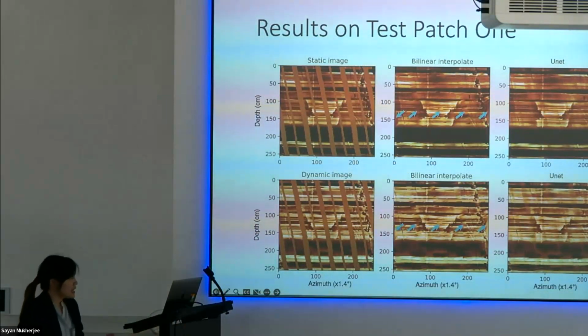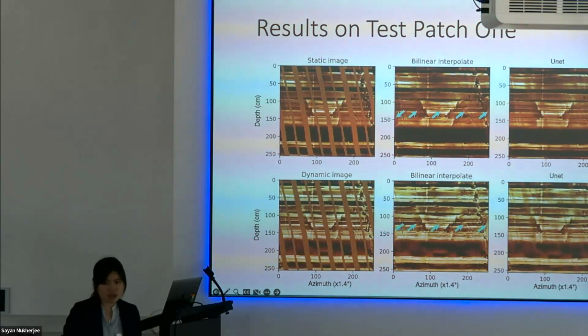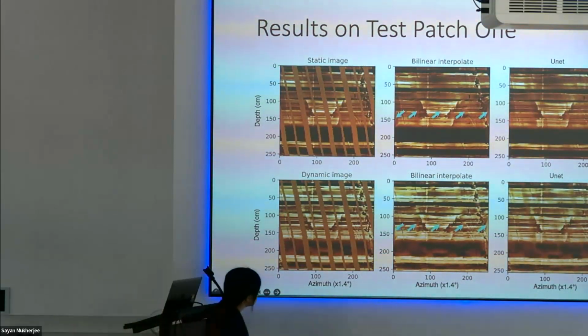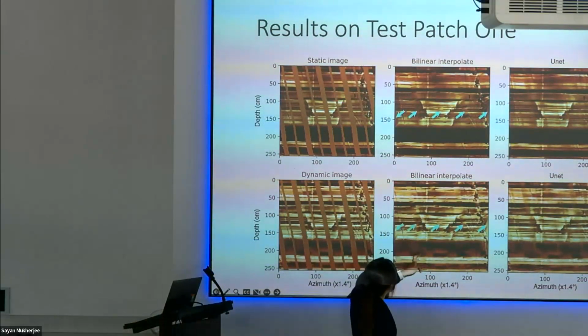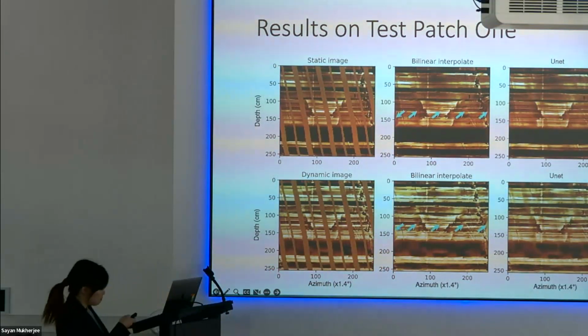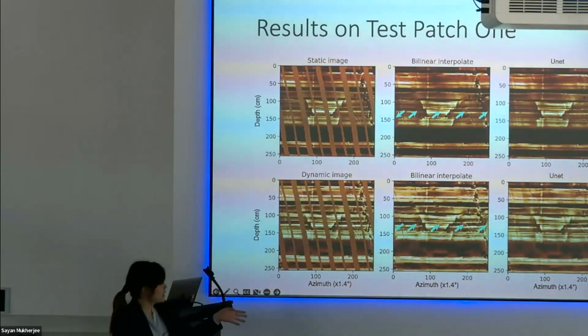So obviously, the predictions given by our model exhibit continuous structures and textures with minimal artifacts. Contrarily, the bilinear interpolation results contain a lot of interpolation artifacts as indicated by those arrows. And the U-Net predictions are impacted by the imprints of those missing gaps.